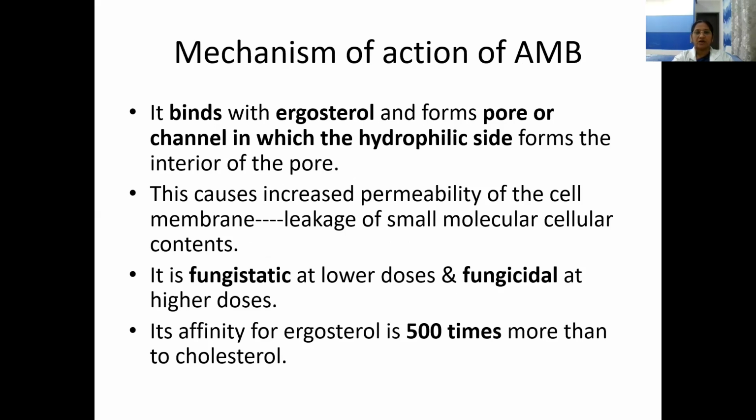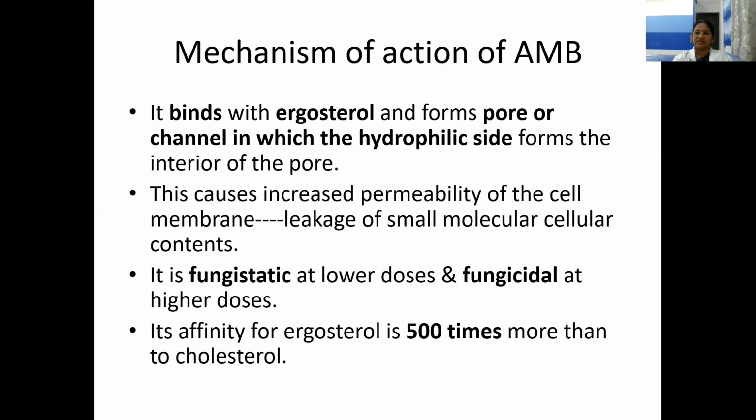The affinity of amphotericin B towards ergosterol is 500 times more than towards cholesterol. So it has more affinity towards the fungal cell, not the human cell. Human cells consist of cholesterol, whereas the fungal cell has ergosterol. It causes increased permeability of the cell membrane.